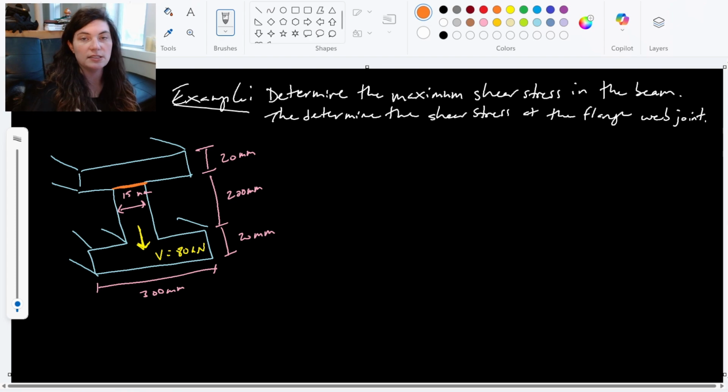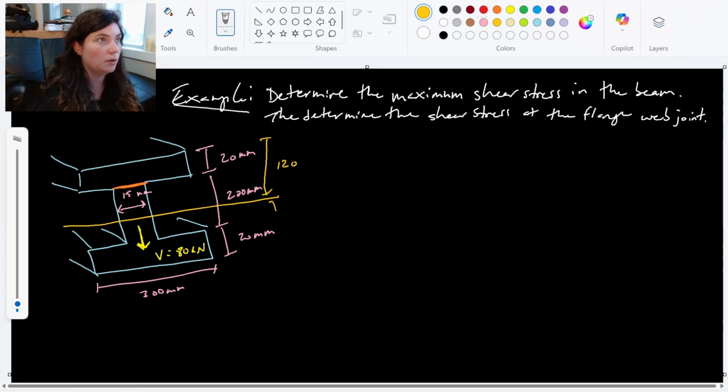Since it's symmetrical top and bottom, we know that the centroid is going to be exactly halfway through this beam. Right, so 120 above and 120 below, 120 millimeters. So this is the neutral axis we're looking at to calculate our max shear stress. That's the one we're going to calculate first.